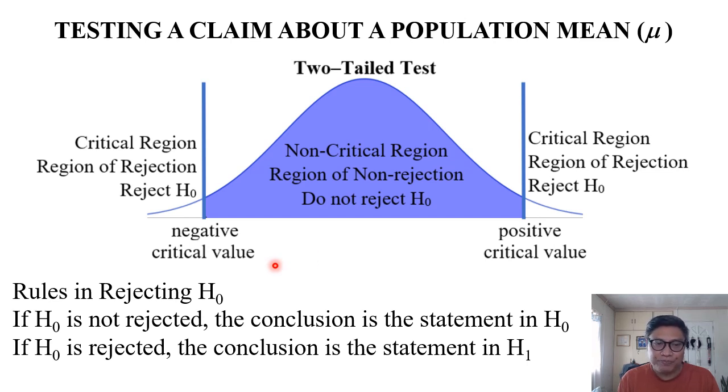Now, again, if your null hypothesis is not rejected, the conclusion is the statement in the null hypothesis. But if you reject the null hypothesis, class, the conclusion is the statement in the alternative hypothesis. Similarly, the null hypothesis contains equality while the alternative contains not equals, and we are using the two-tailed test.